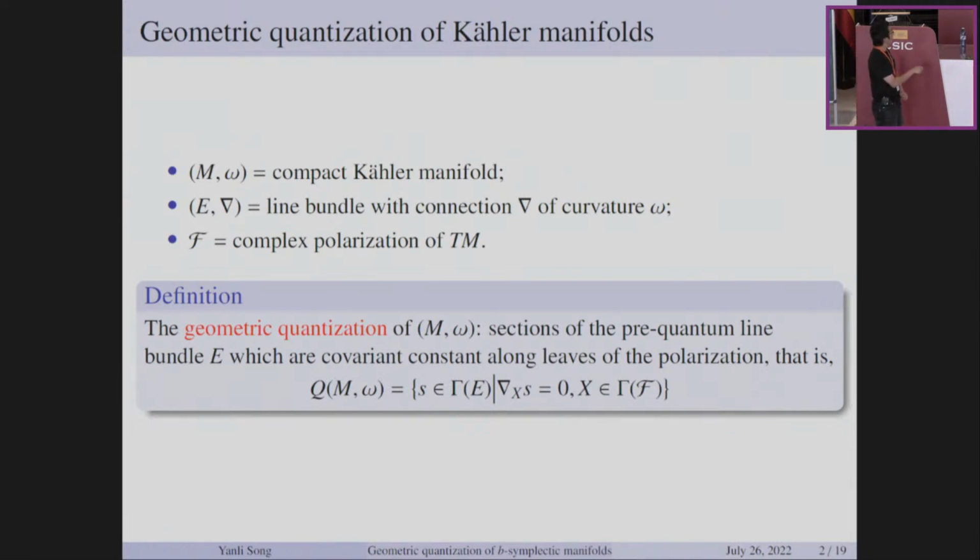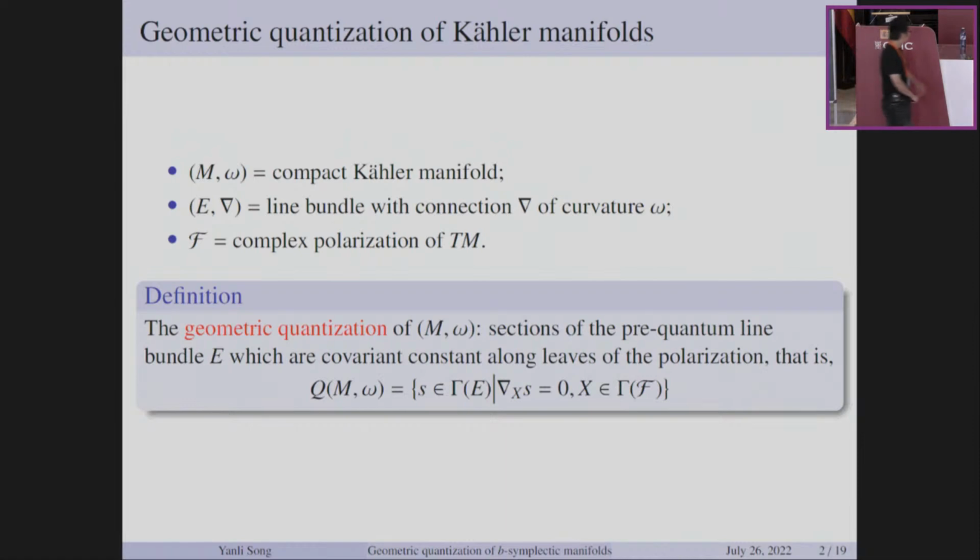In other words, in this case, you can just take the space of holomorphic sections of the pre-quantum line bundle. This turns out to be a finite dimensional space, and we consider it as the quantization of the Kähler manifold.